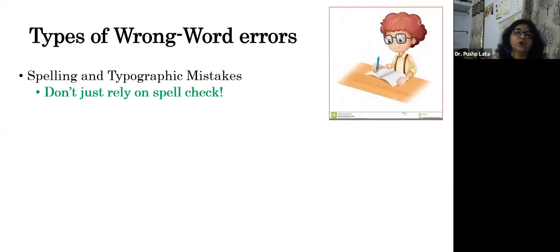If you have been asked to use the heading in Times New Roman 18, it has to be that. If you have main points in Times New Roman 14, it has to be that. So you need to check that before final submission. So don't just rely on your spell check.